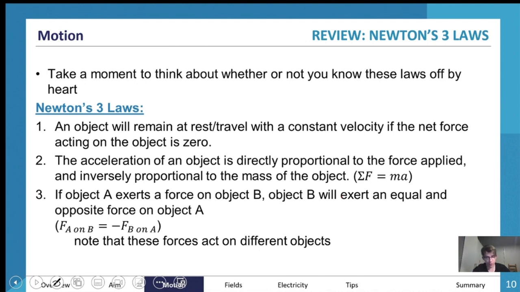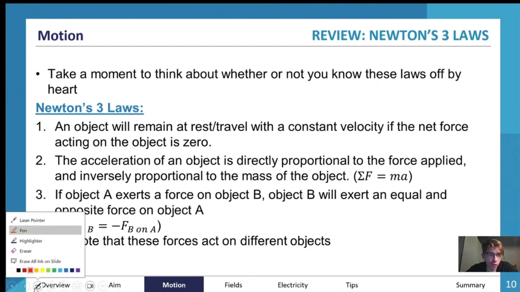They cancel each other out. Hence, I do not accelerate in the vertical plane. Same thing for the horizontal plane. If a car is traveling at a constant velocity, it means that the net force is 0, so the thrust force equals the friction force. Hence, it's traveling at a constant velocity.